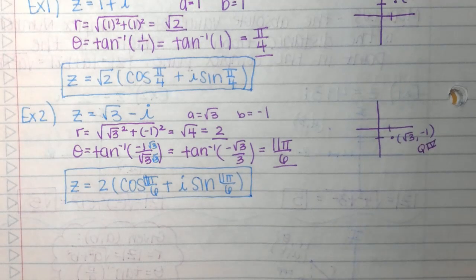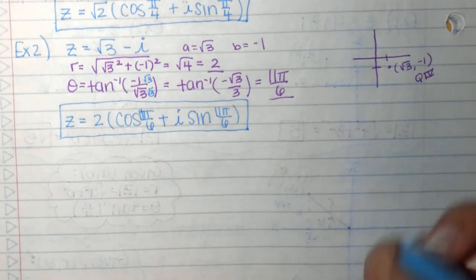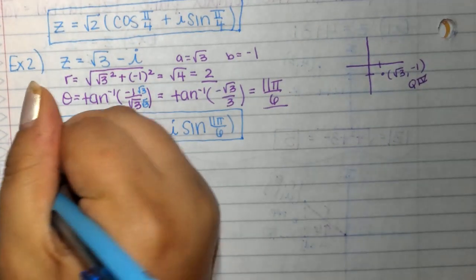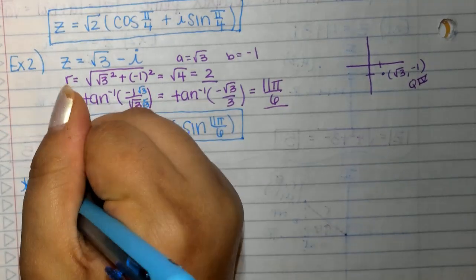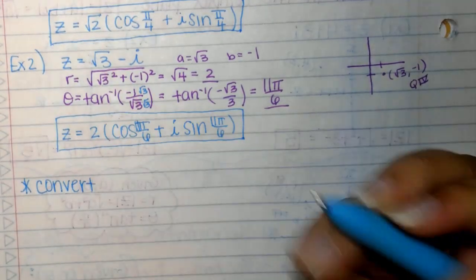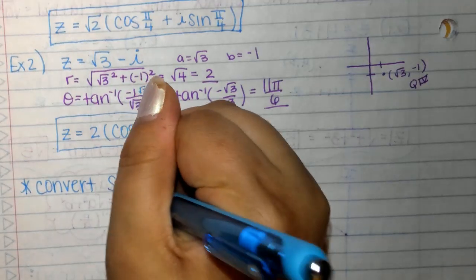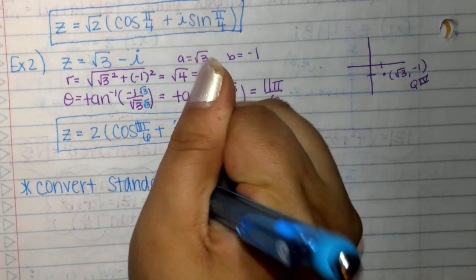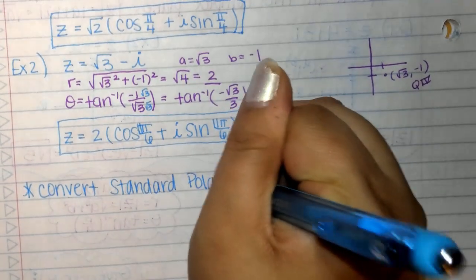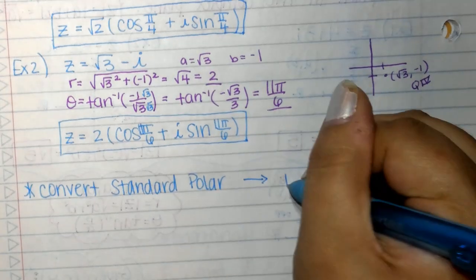What questions do I have? Alright, last two examples. Now we got to go the other way. We're going to convert standard polar to rectangular form.